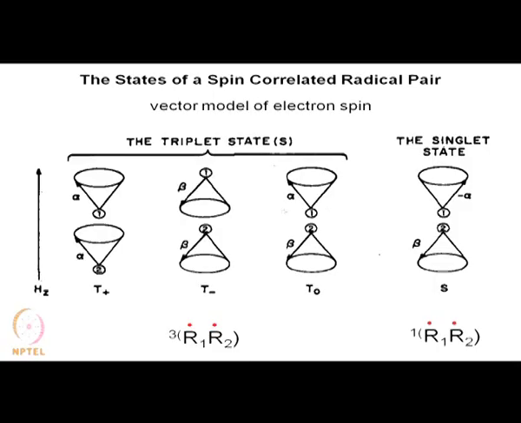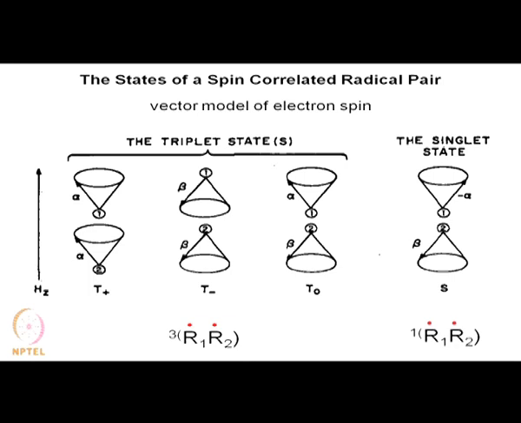Okay. Of course, these micelles have small openings, so that the radicals can escape, that happens, but most of the radicals will tend to remain within this micro cage, so that the spin evolution can take place. Spin evolution means, as I mentioned, singlet to triplet or triplet to singlet evolution.